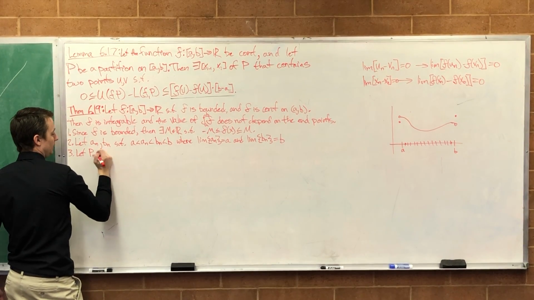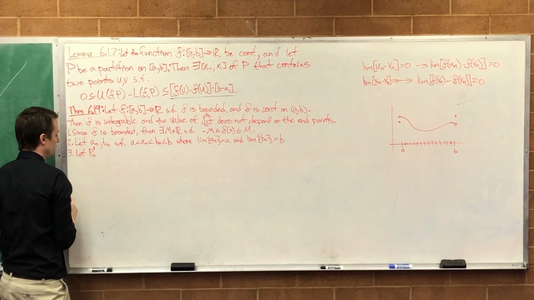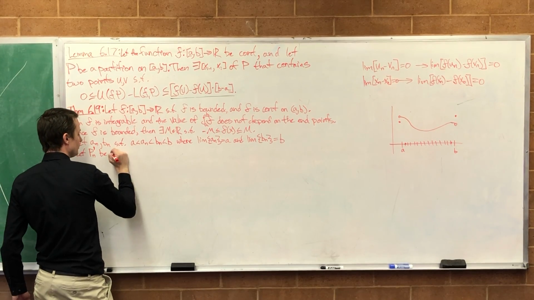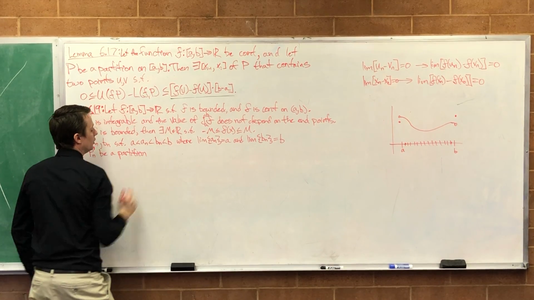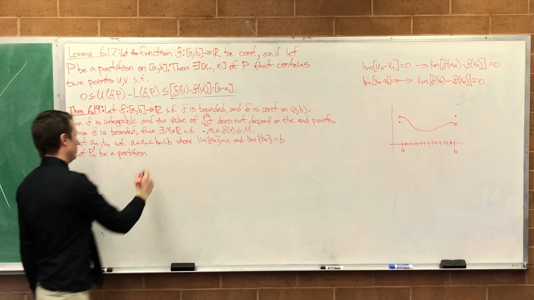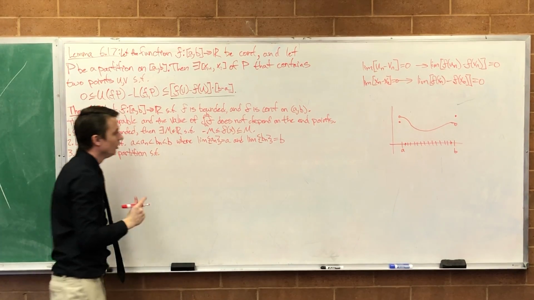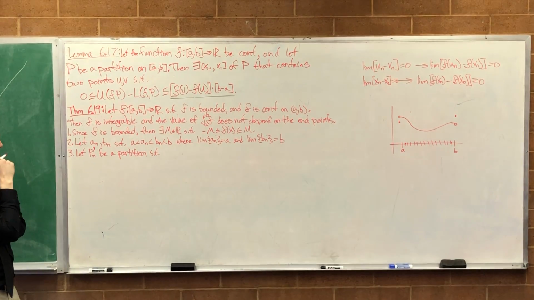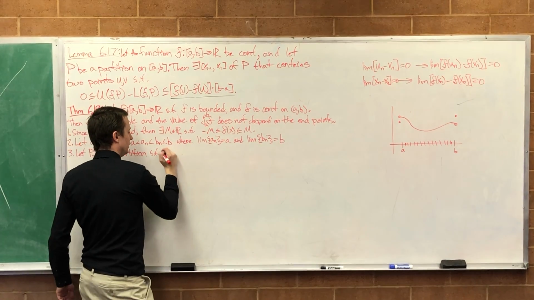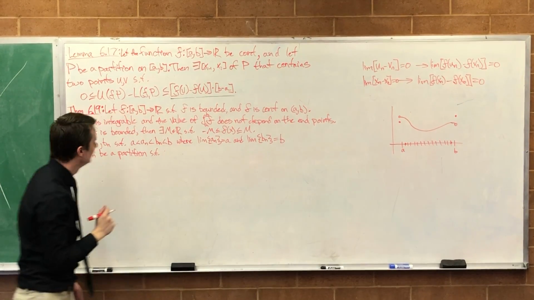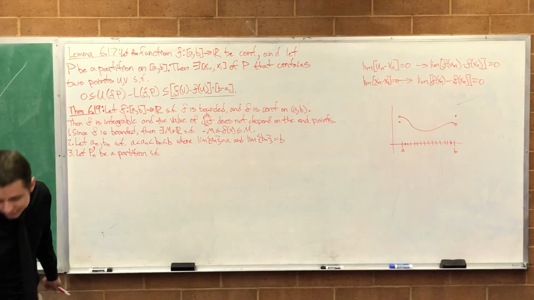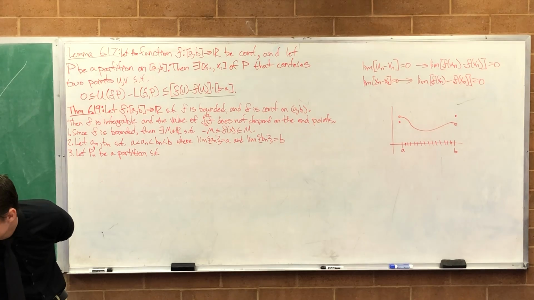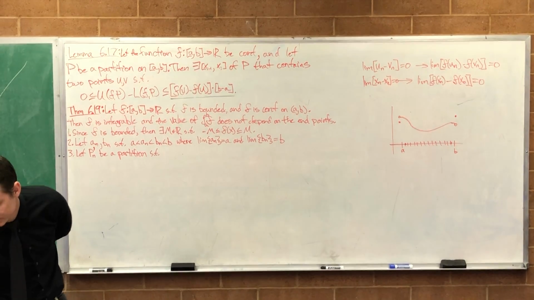Let P_n prime be a partition such that the gap goes to 0. Could I even just say, well, we'll leave it here for now. Alright, let me go through this. I don't want to go down a bad rabbit hole. Come on, wake up.